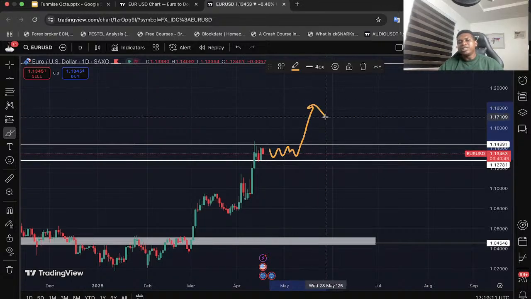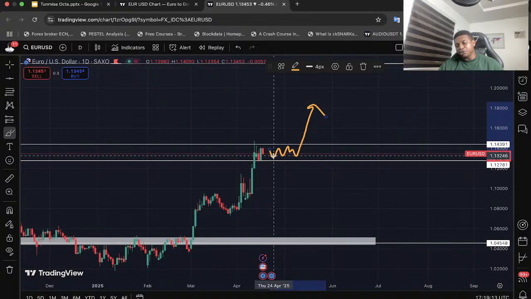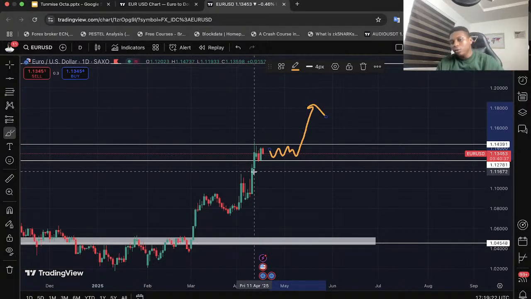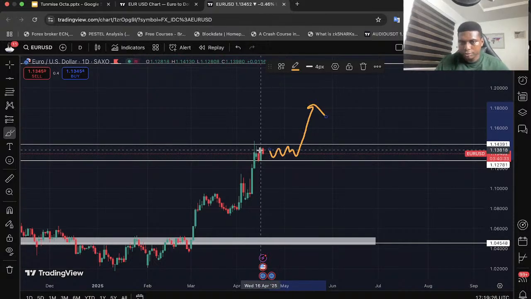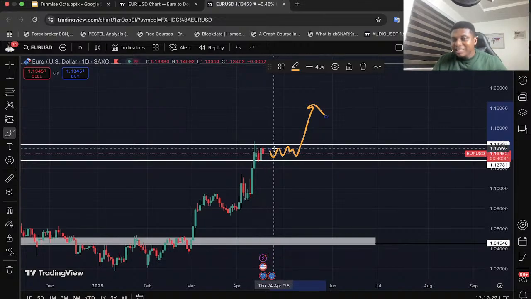Okay, so this is more like price accumulating its strength for the upside, knowing fully well that price is currently at a minor resistance zone on the weekly time frame. However, on the daily time frame, it's a major resistance zone. So a consolidation is inevitable, of which the market is already experiencing that consolidation here.